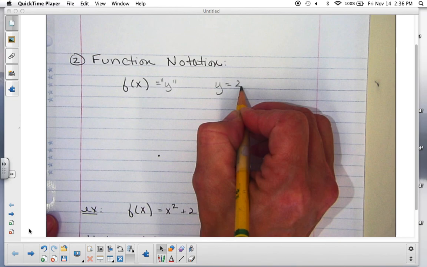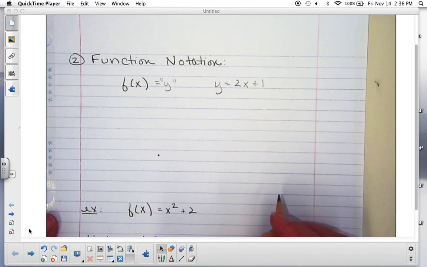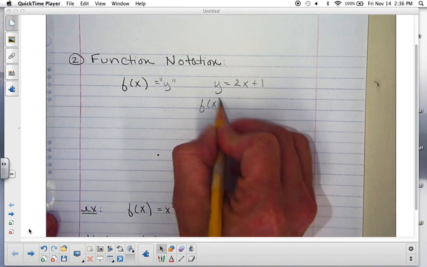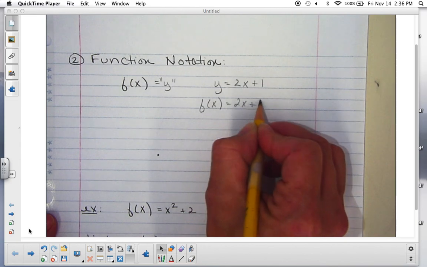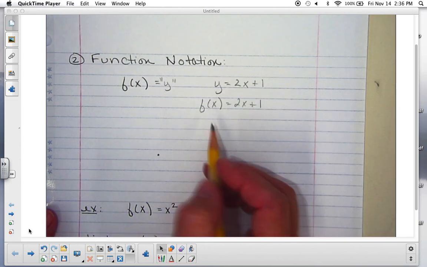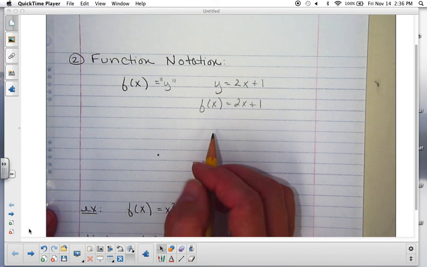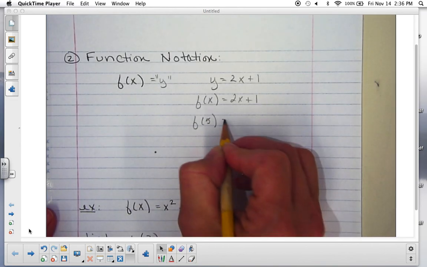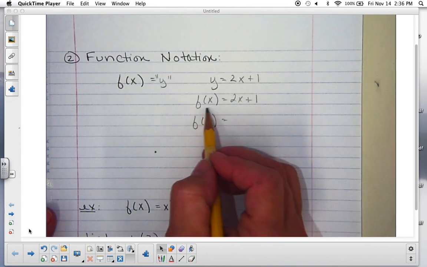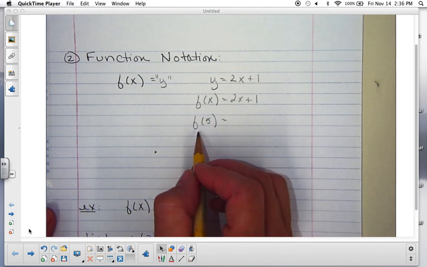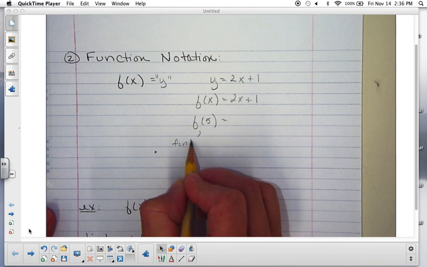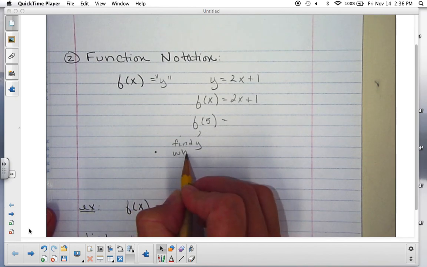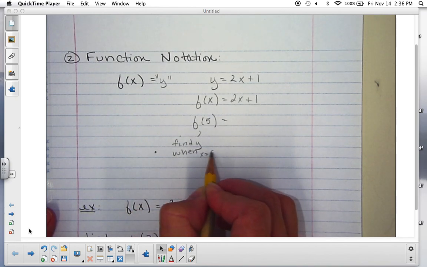So if you have an equation like y equals 2x plus 1, and instead I write f of x equals 2x plus 1, it is the same thing. But what f of x does is it lets you ask for a particular y. So if I ask for f of 5, again, f of x is like y. They're just saying find y when x equals 5.